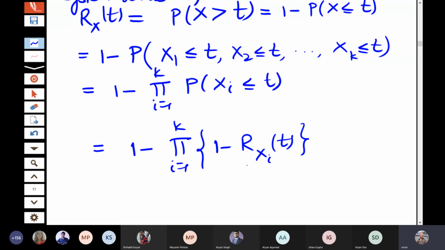So let us just calculate with 0.9. Suppose we have 10 components, then what is the answer here? I will get 1 minus 0.1 to the power 10. So what do you get?